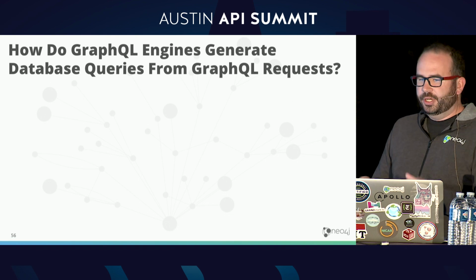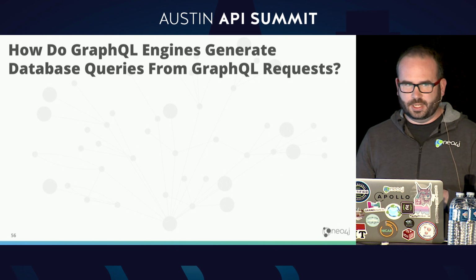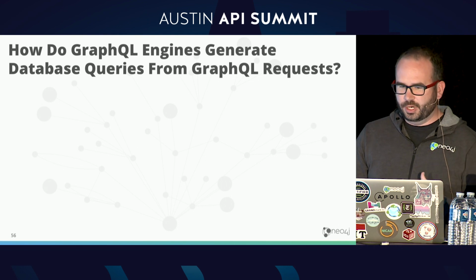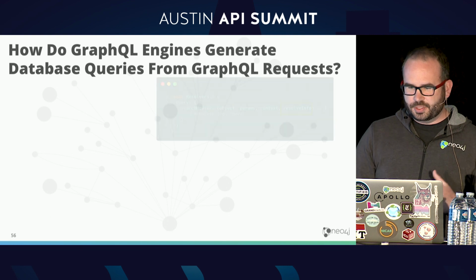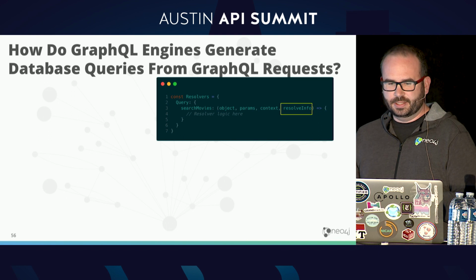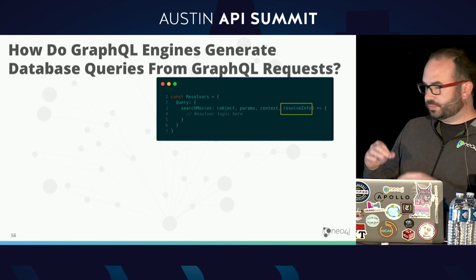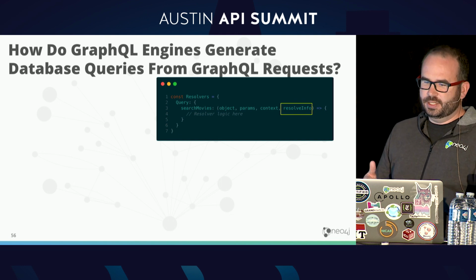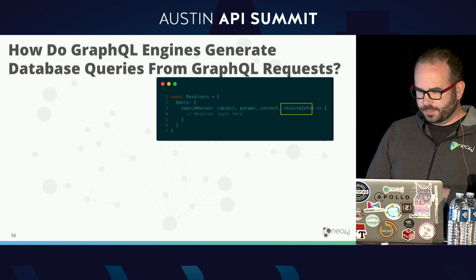Now, you might be wondering, okay, how do these GraphQL engines work? How are they generating these database queries from GraphQL requests? So it might be interesting to take a look at this. If we look back at the signature for our resolver functions, one of the arguments that's passed into each resolver is this resolve info object.